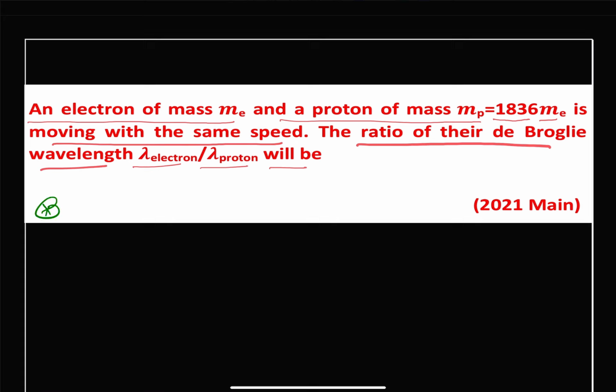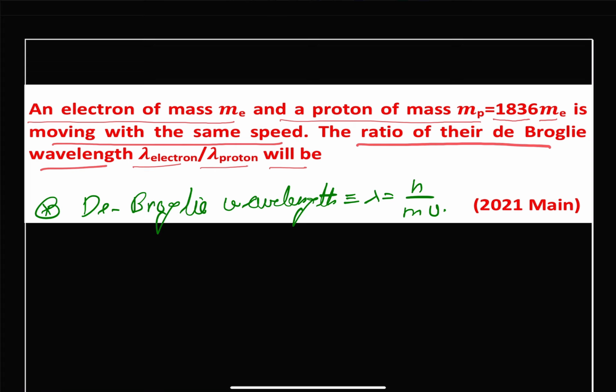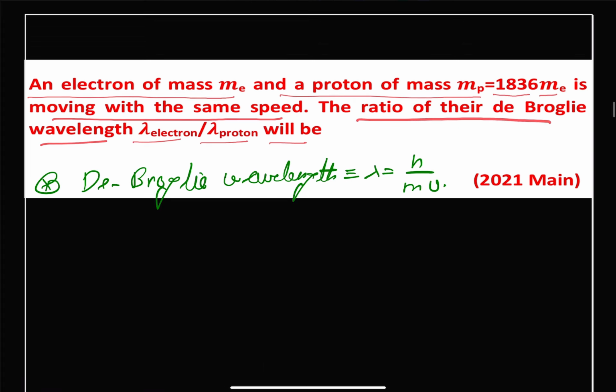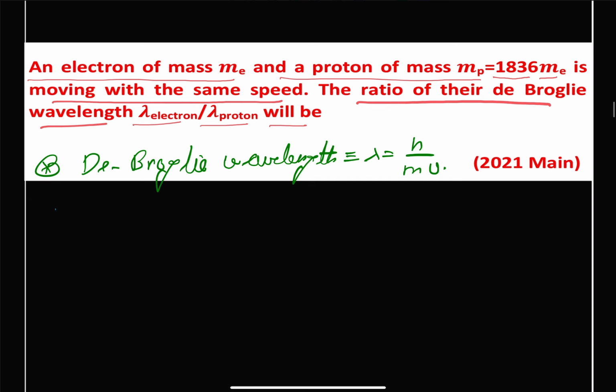So we can say that the de Broglie wavelength, lambda, is equal to h upon mass times velocity, and we have proton and electron. Therefore lambda E is equal to h upon mass of electron times velocity of electron, and lambda proton will be equal to h upon mass of proton times velocity of proton.